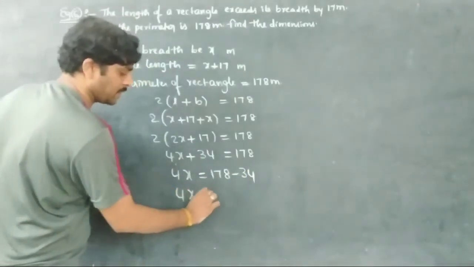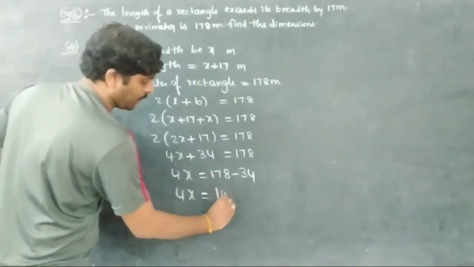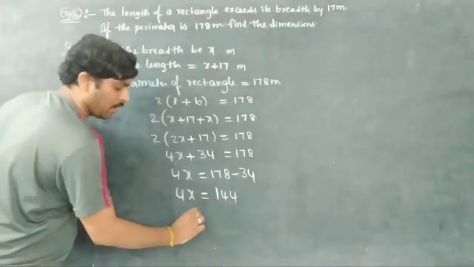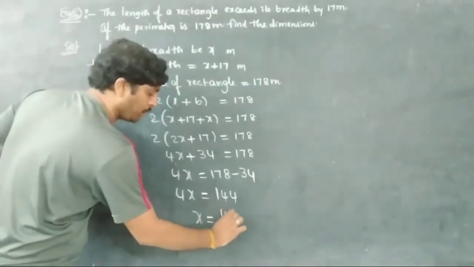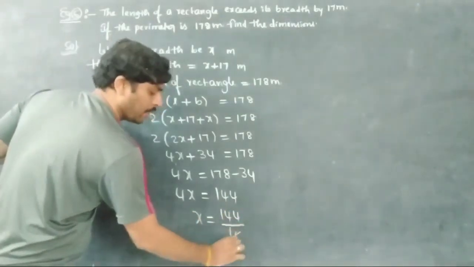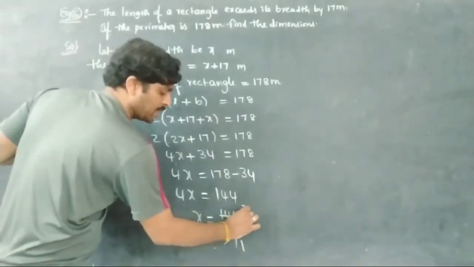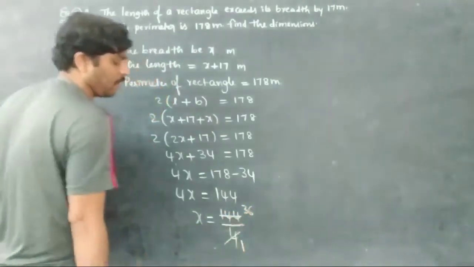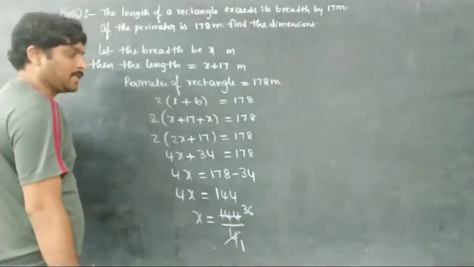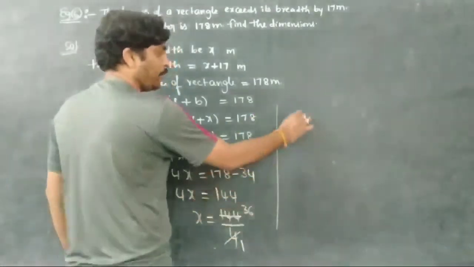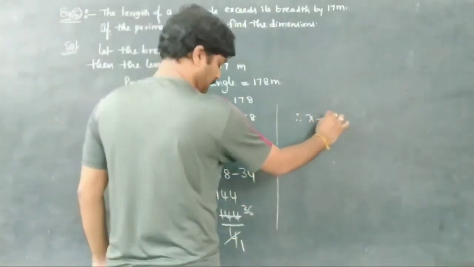Now 4x is equal to 144. Here x is equal to 144 by 4. Now 4 ones are 4, 4 threes are 12, 4 sixes are 24. Now therefore x is equal to 36.